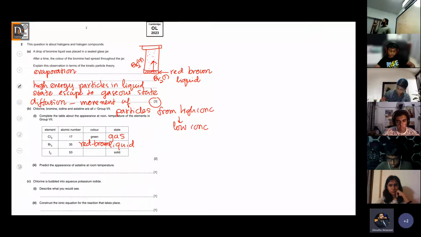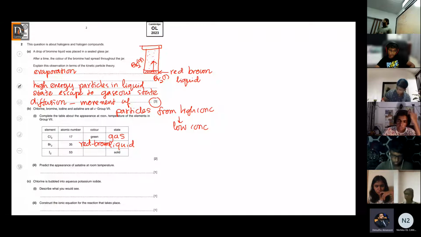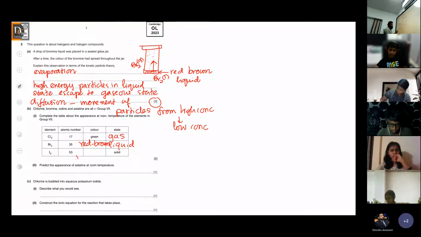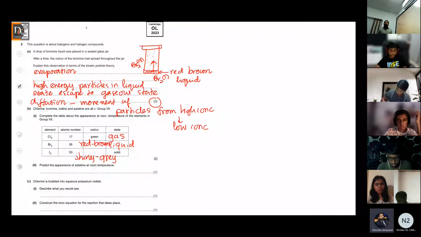He is correct, but that is when iodine is dissolved in a solvent. When iodine is in crystal form, because we are talking about solid iodine, it's not just black. It's shiny gray. Iodine crystals are shiny gray crystals.